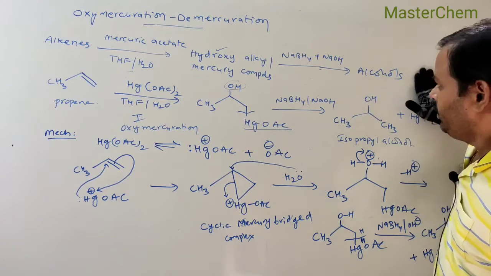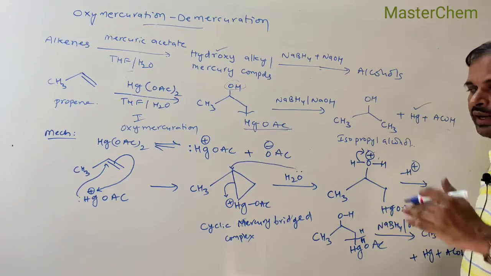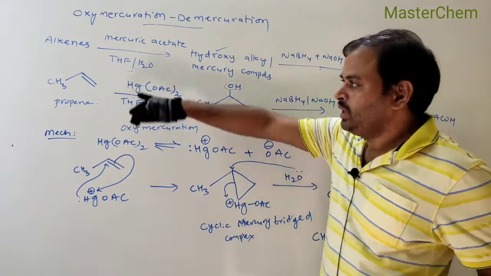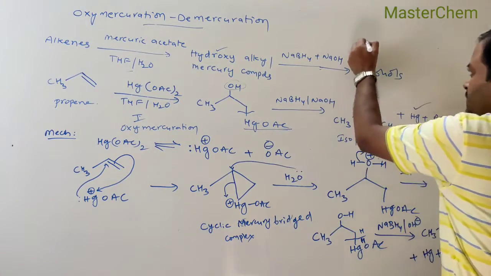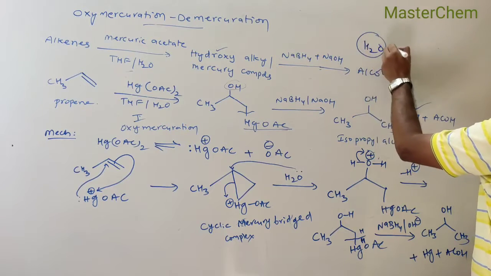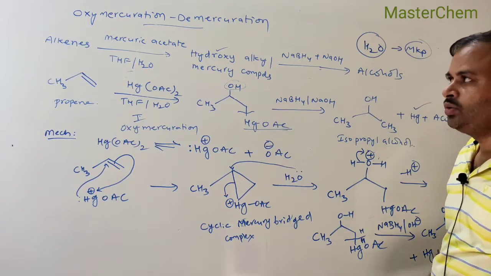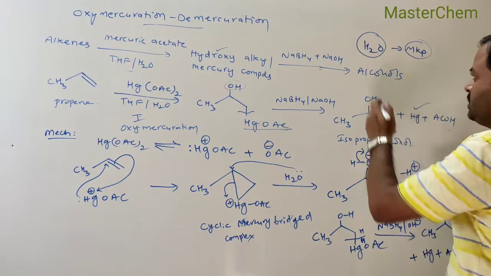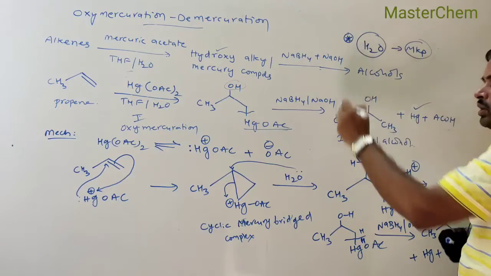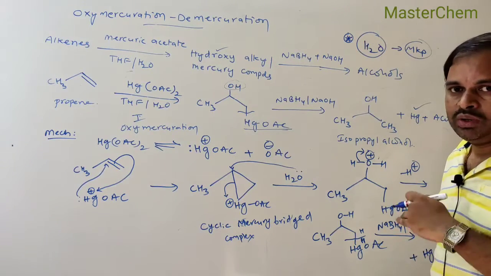In your examination, if it is given like this, how do you write the product directly? Just place OH here and hydrogen here. As a whole it is a hydration reaction and gives the Markovnikov's product. This is an important trick to write the product of oxymercuration demercuration.